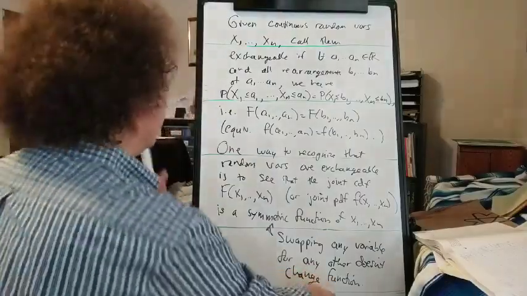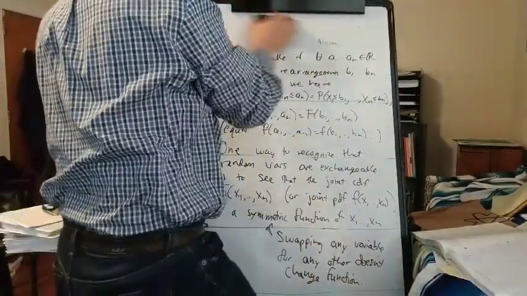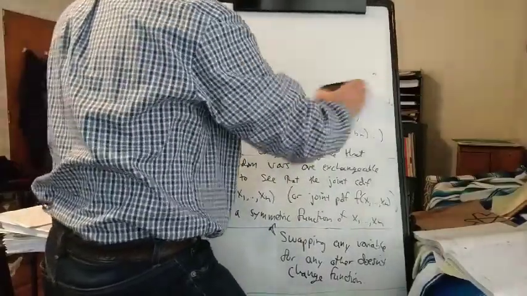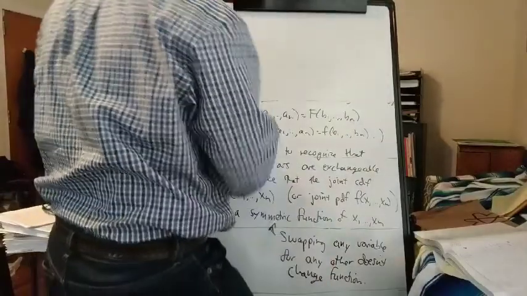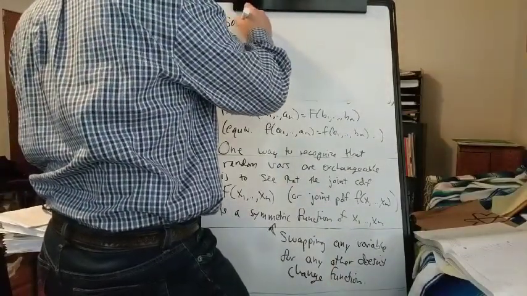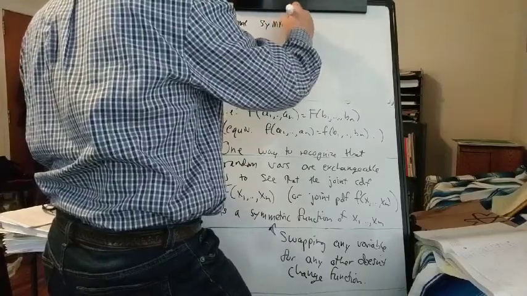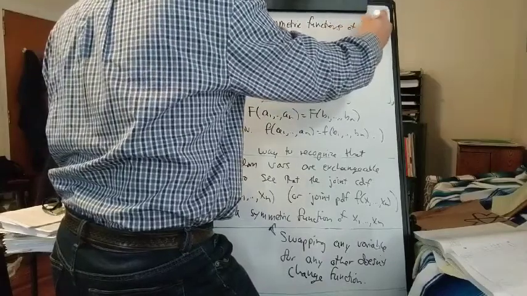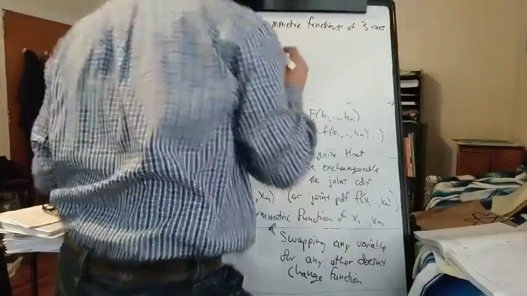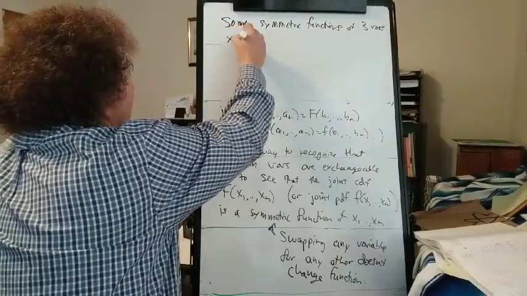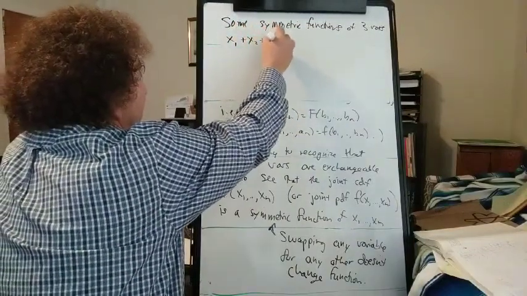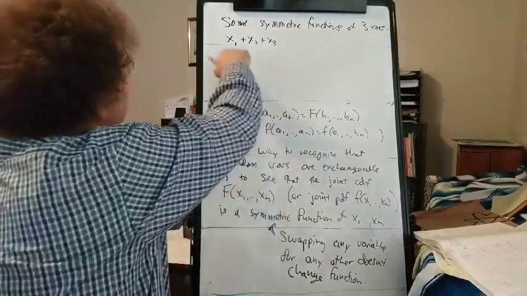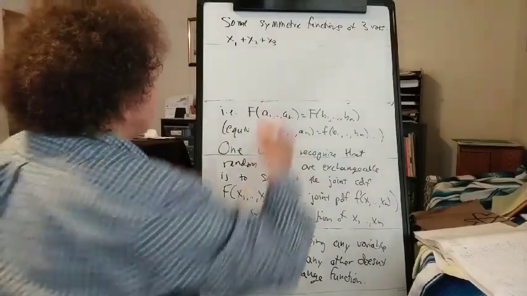So for example, let's look at symmetric functions of three variables. Functions like x1 plus x2 plus x3 don't change if we swap out any one variable for any other. We make this x2 plus x1 plus x3, that's exactly the same.